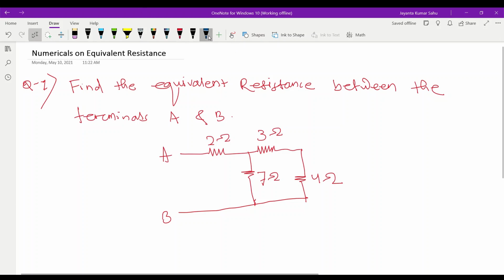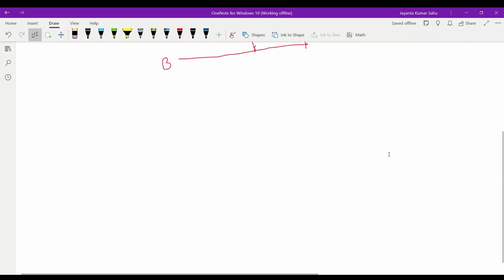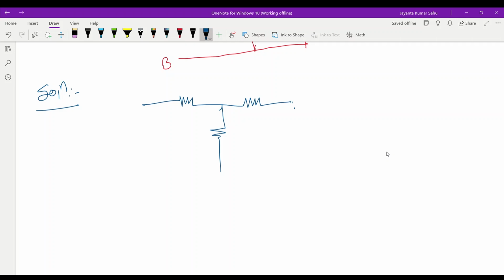Now we solve this numerical. This is a very easy question. In the solution, we redraw this circuit. This is the circuit: A and B, here 2 ohm, 3 ohm, 7 ohm, 4 ohm.